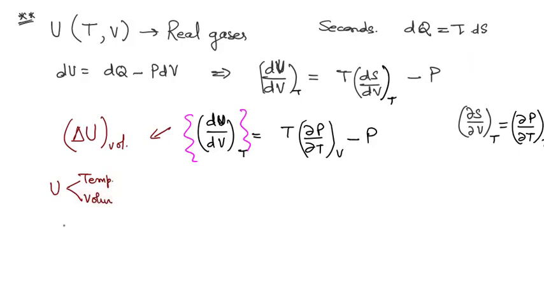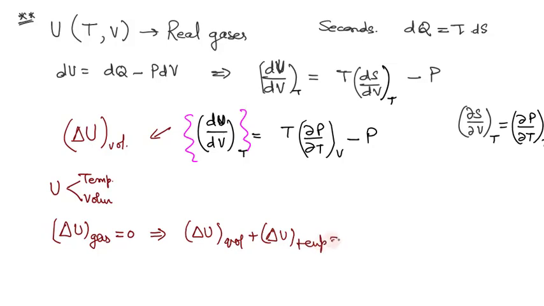But if I'm talking about a cyclic process, then delta U for the whole gas should be 0, which has two quantities independently, delta U due to the volume of the gas, and delta U due to the temperature of the gas. This implies that delta U due to the temperature is equal to minus delta U due to the volume part.